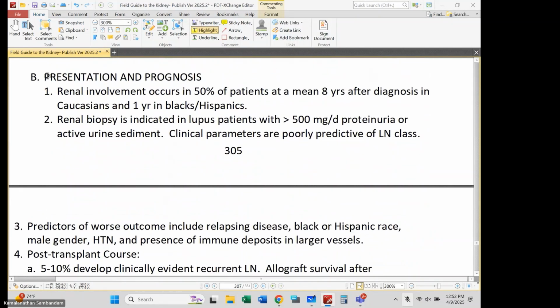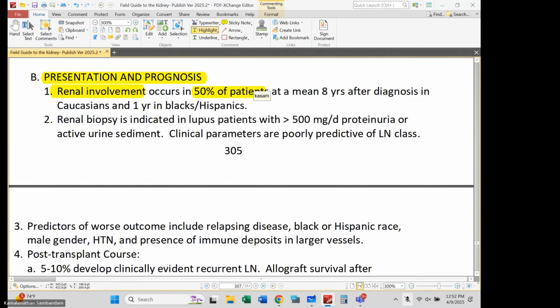Moving on to presentation and prognosis. Renal involvement is exceedingly common in lupus. So I always make this statement that for every 1 patient we have in GN clinic, there should be 2 in rheum clinic, because 50% of the patients with lupus will have renal involvement at some point in their disease course.